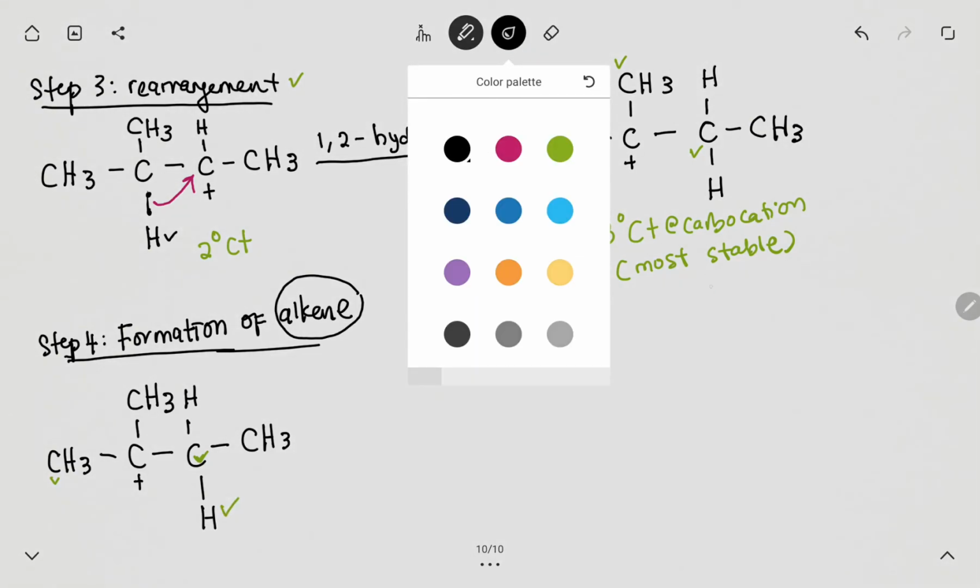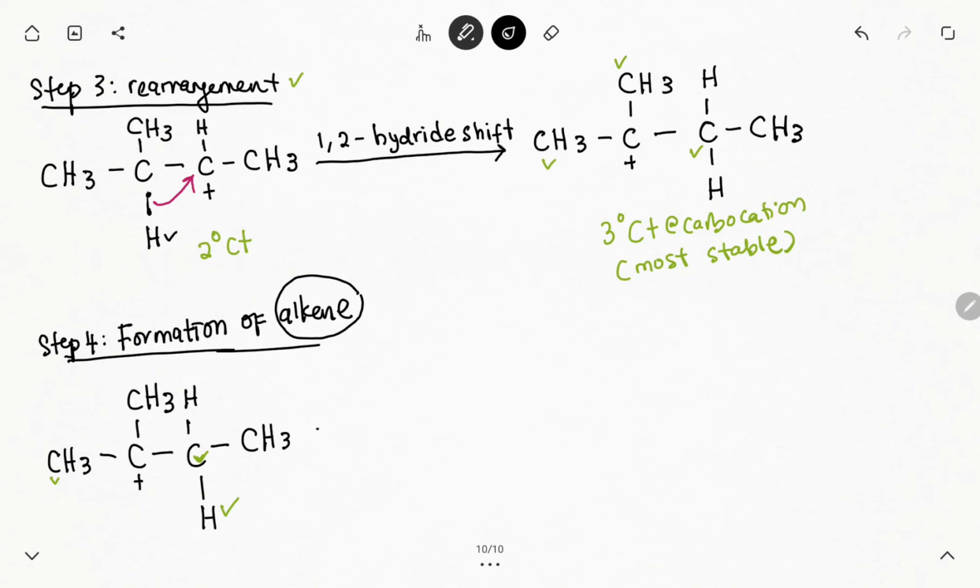So how does the process work? From the tertiary carbocation, it must react again with the OSO3H minus reagent.